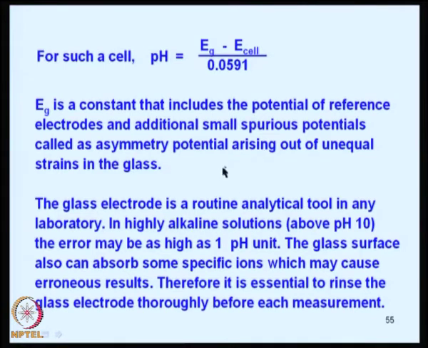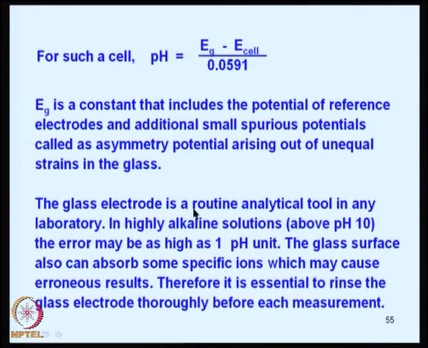It arises out of unequal strain in the glass, because every glass membrane is unique. Therefore, the strain or asymmetry potential would be different for each glass. Therefore, it is included as a constant in this equation.